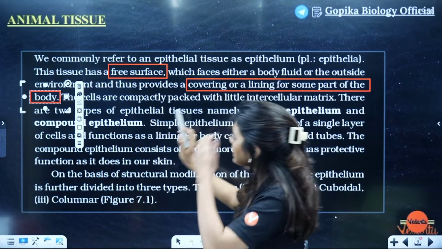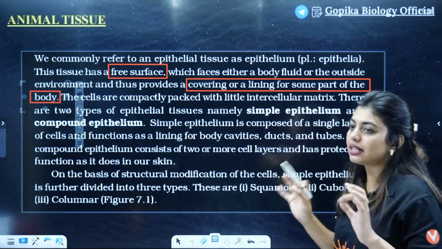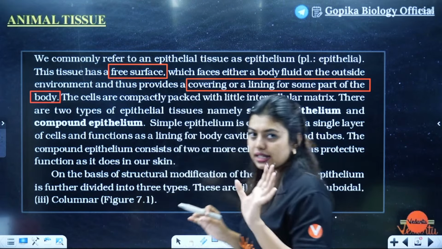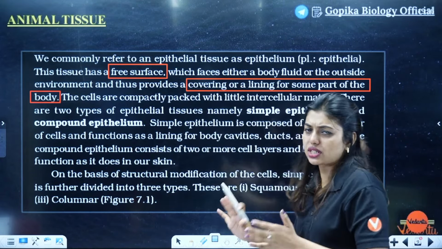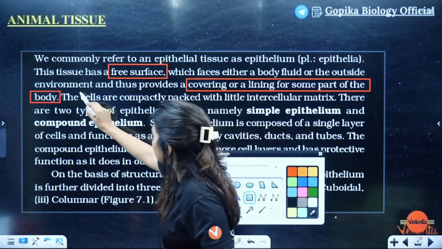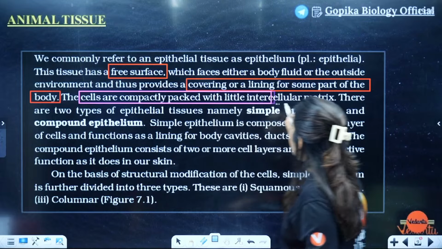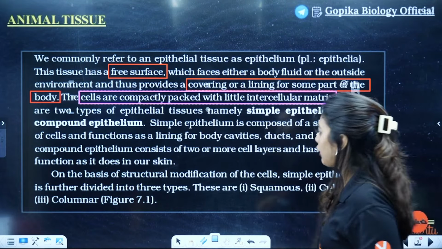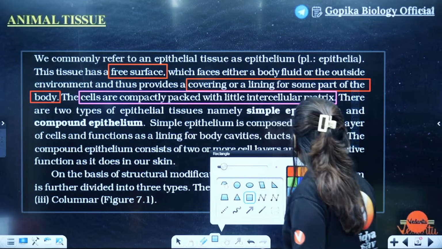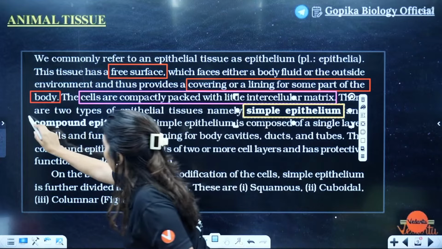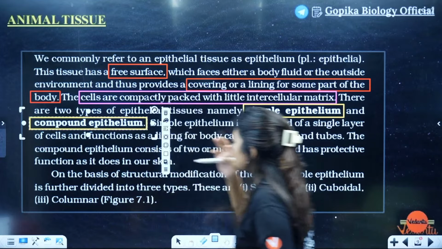Now, the cells are compactly packed with little intercellular matrix, with negligible matrix. There are two types of epithelial tissues, namely simple epithelium and compound epithelium.